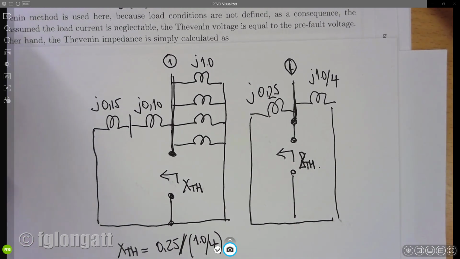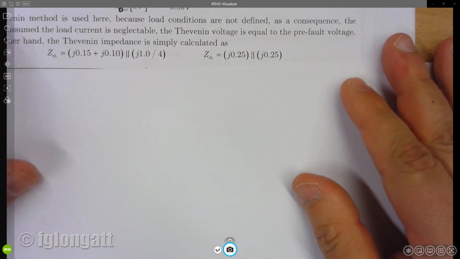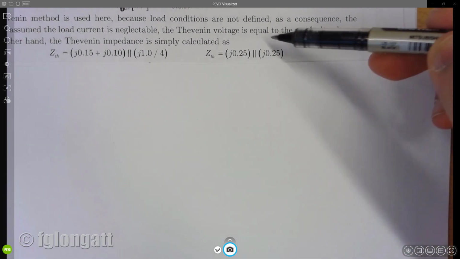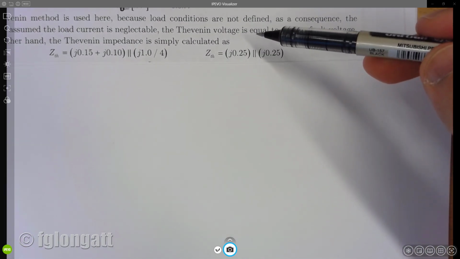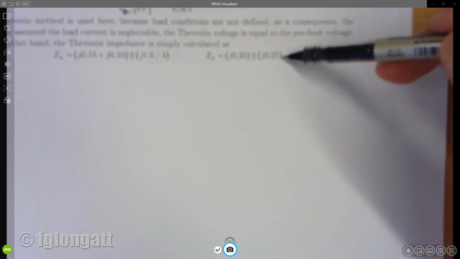Now, I explained to you that the Thevenin impedance will be the parallel between 0.25 and 1 divided by 4.